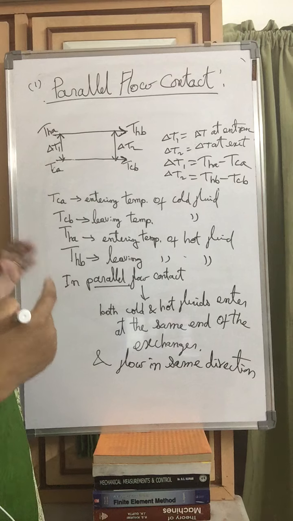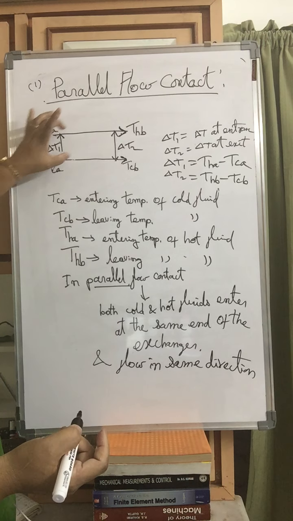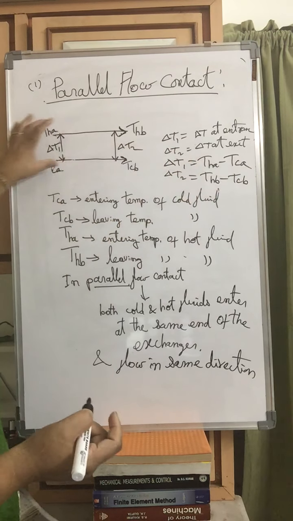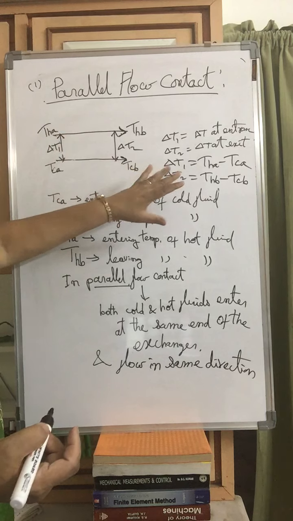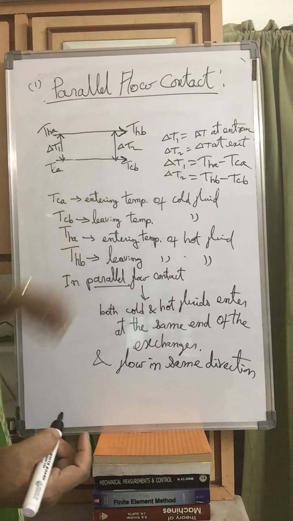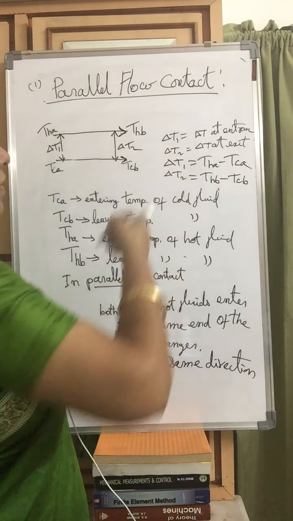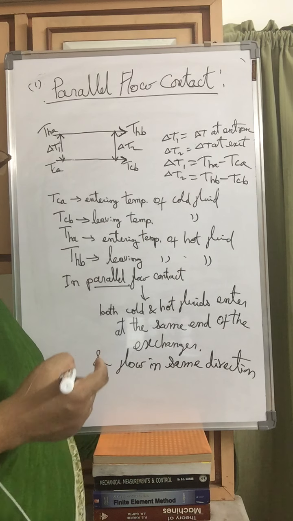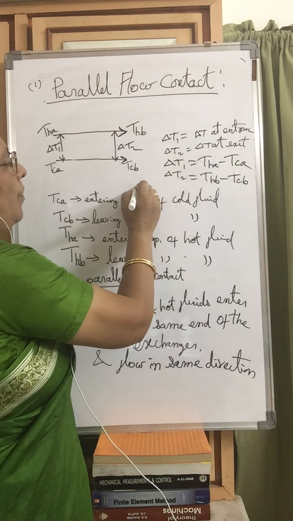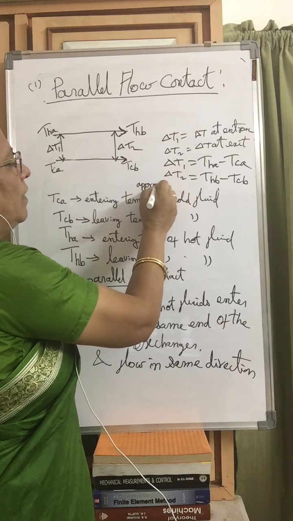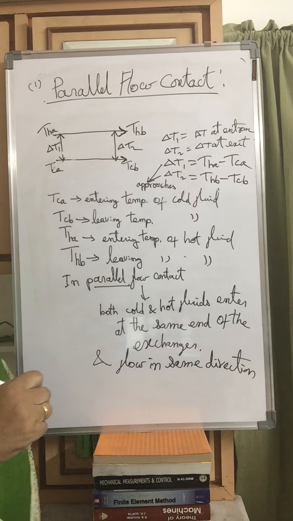In counter flow it will be different, we will see that afterwards. So like this, we need to write delta T1 and delta T2. Just in a simple diagram, by drawing two lines you can write what delta T1 and delta T2 are. In the last class I explained what delta T1 and delta T2 are called. They are called approaches. Do you remember?